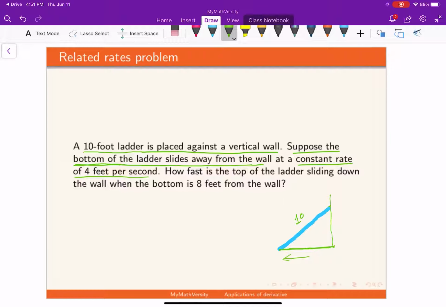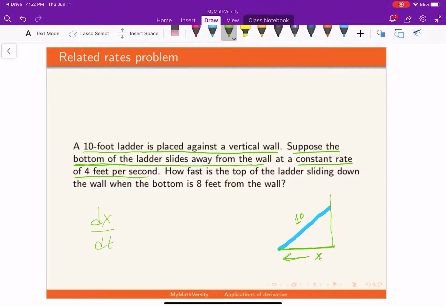How can we write down this information mathematically? What does it mean by rate? Derivative, right? But derivative of what? In this case, if we assume the distance from the bottom of the ladder all the way to the bottom of the wall is x, then the derivative of x with respect to t, since it slides away from the wall, this length will be gradually increasing, right?